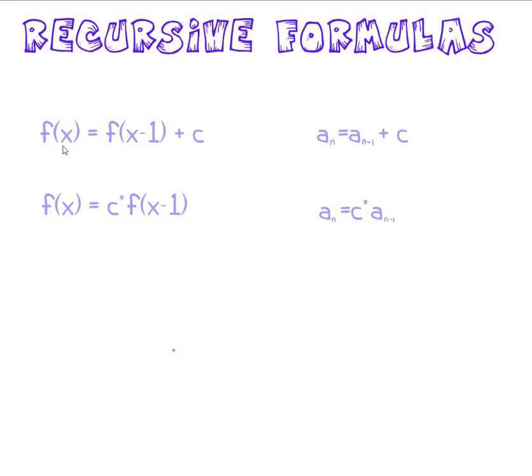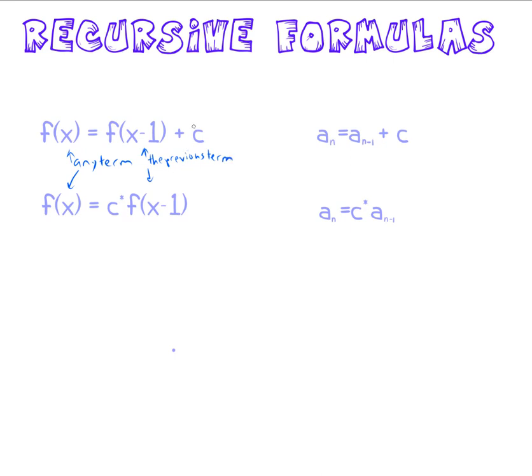That f of x just means any term at all. Doesn't matter what the term is, any term I'm looking for is equal to the previous term, and you're doing something with that previous term.